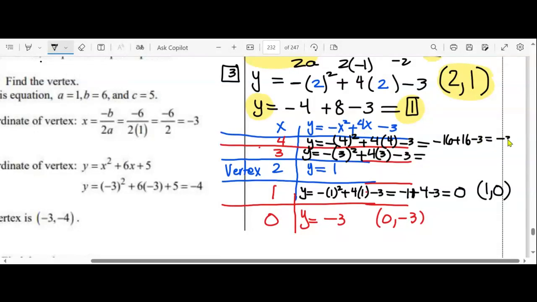So the answer is going to be what? Minus 3. Okay? So your point here is 4 and minus 3. What about this one? Yalla, do it together, guys. You're going to get negative 9 plus 12 minus 3. Yalla, Khalid.